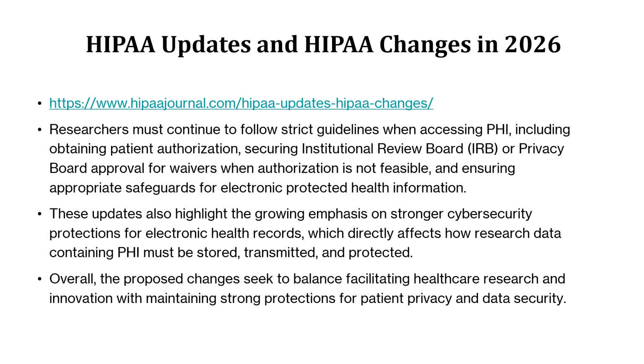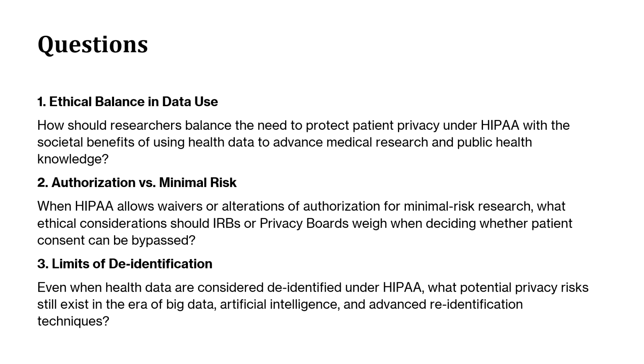These updates also highlight the growing emphasis on stronger cybersecurity protections for electronic health records, which directly affects how research data containing PHI must be stored, transmitted, and protected. Overall, the proposed changes seek to balance facilitating healthcare research and innovation with maintaining strong protections for patient privacy and data security.